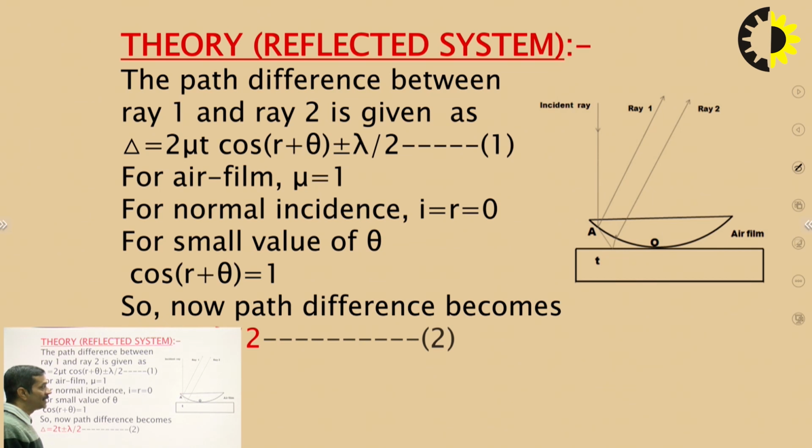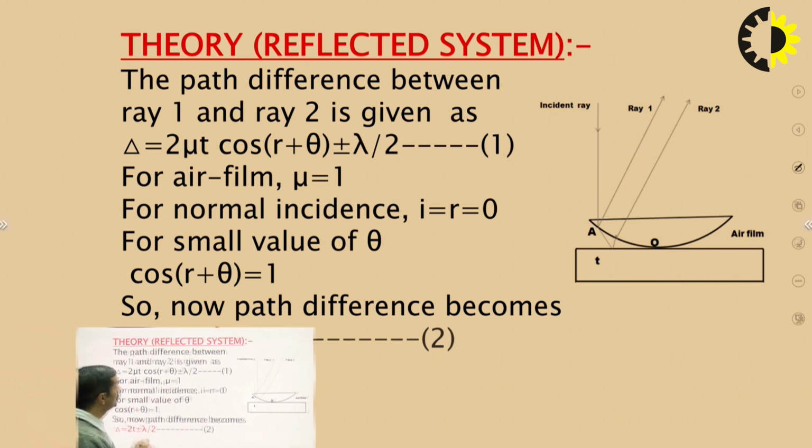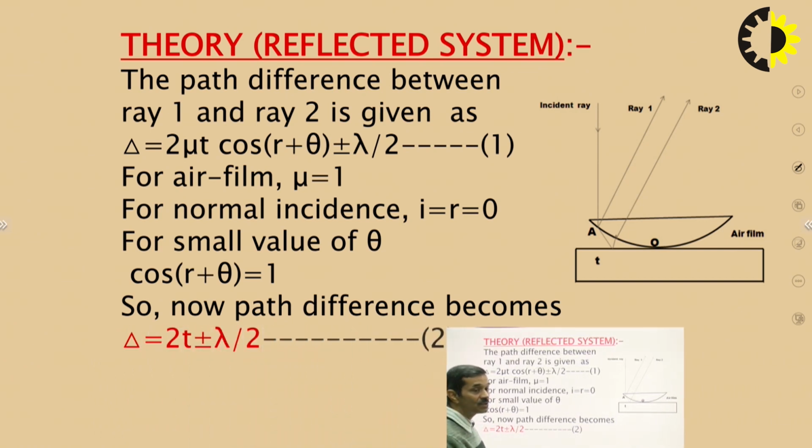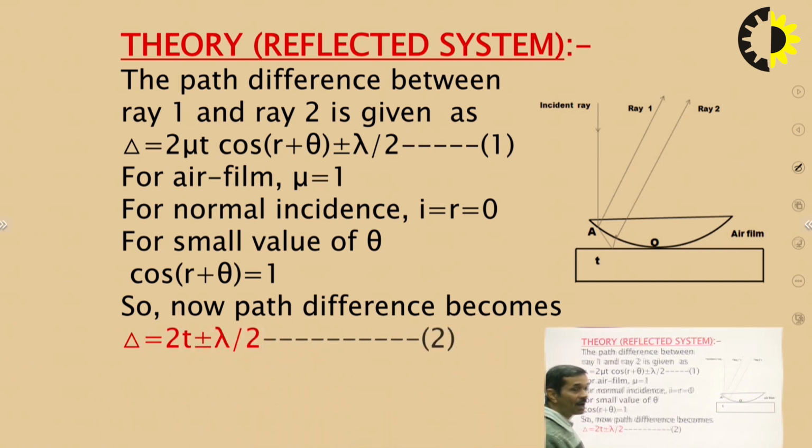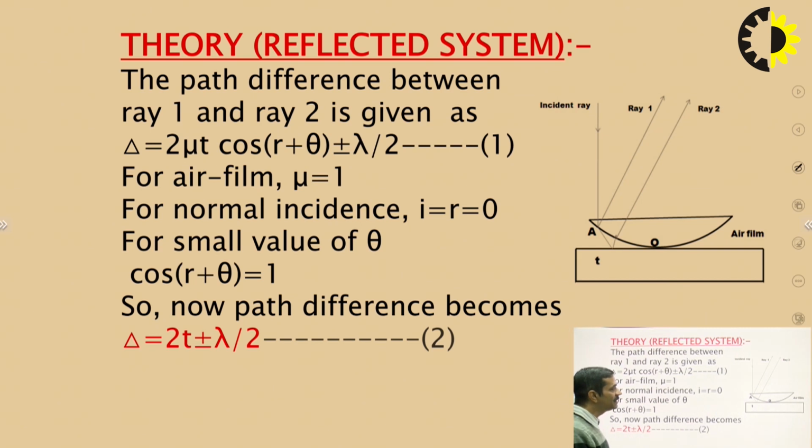That means it depends upon the phase difference between the reflected rays from different parts of the thin film, or their corresponding path difference. So to discuss the theory of the reflected system, first of all we will find out the path difference between the reflected rays from the upper and lower surface of the thin film.